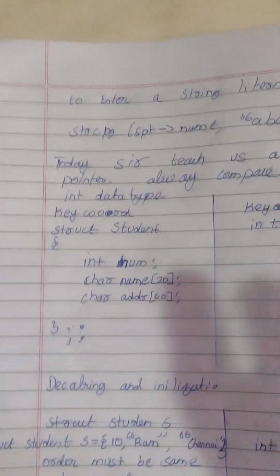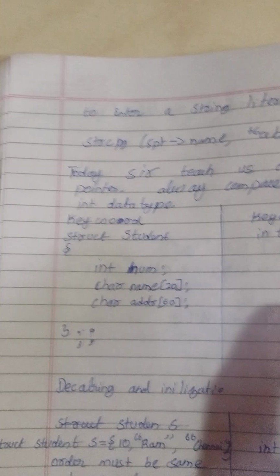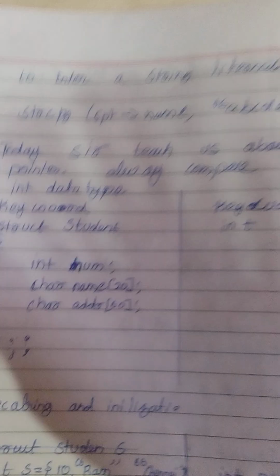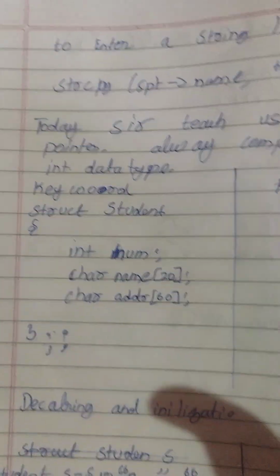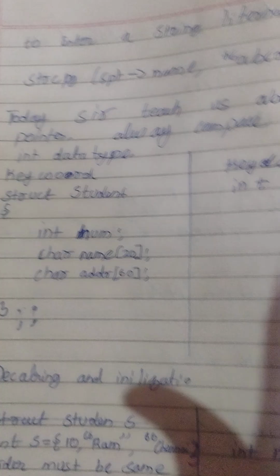With the help of this I can take any; this is a choice. In this choice I can use integer, I can use string, I can use array. It will act as a choice. Don't get confused. That's all.